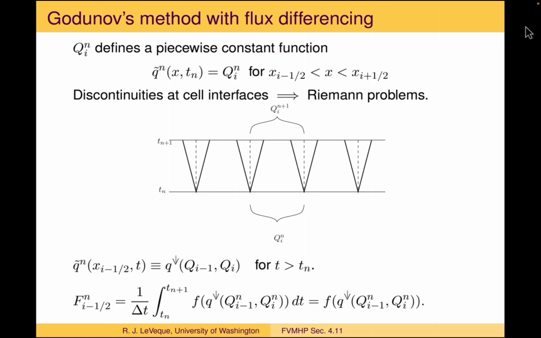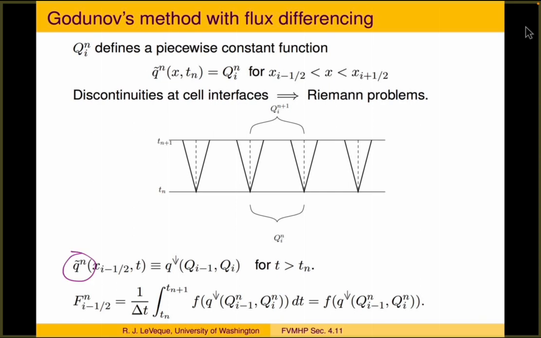But before we tackle that, let's look at Godunov's method in the flux differencing form in a little bit more detail. So this is, again, the basic idea we've seen before: if we can define this q tilde n, a function that starts out being piecewise constant at time t_n and then evolves as the exact solution of the differential equation, then since that's a similarity solution, it's constant along this line between cell i-1 and cell i, and that's the value we called q Riemann, which is a function of the two cell averages on either side.